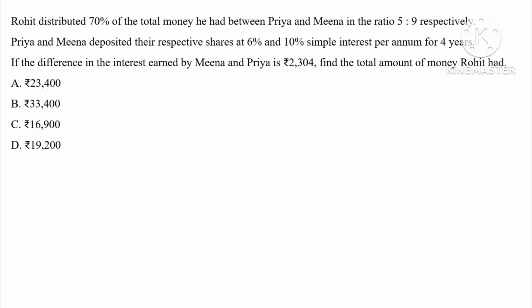So in this question, let the total amount Rohit had be T. Then the amount A is 70% of T. So amount A becomes 0.7T.